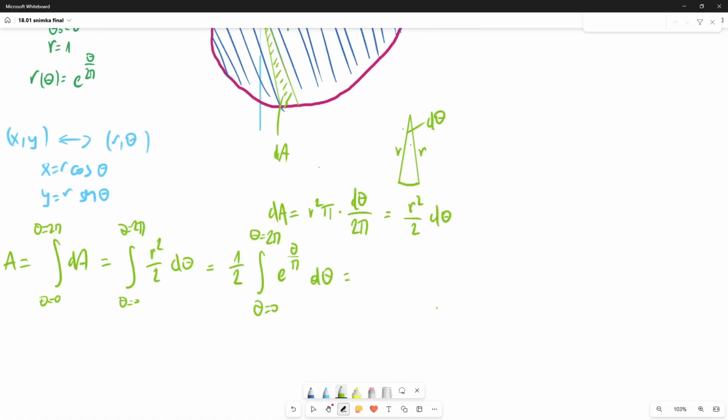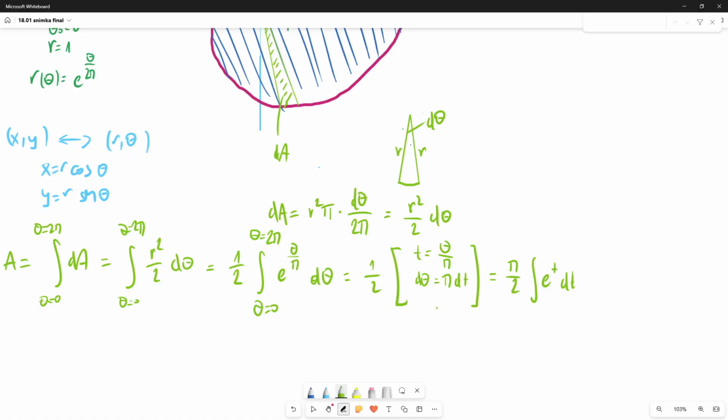Now we'll make a substitution. Let's not forget this 1/2. And we substitute, say, t is equal to theta over pi. And we have that d theta is equal to pi times dt. So we have pi over 2 times the integral of e to the power of t dt.